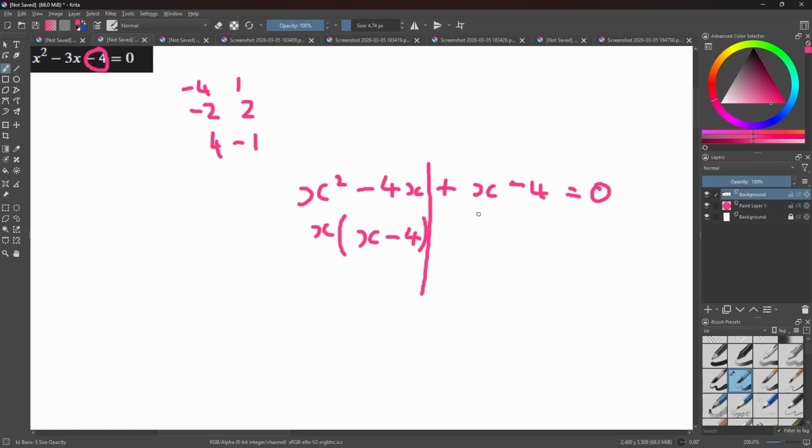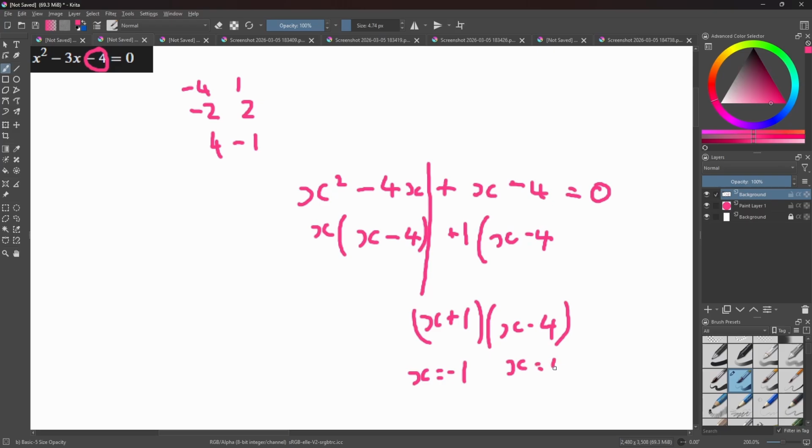And here again, we just have 1, x minus 4. It's positive 1. So we have x plus 1, x minus 4. So our answers are going to be x equals minus 1 and x equals 4.